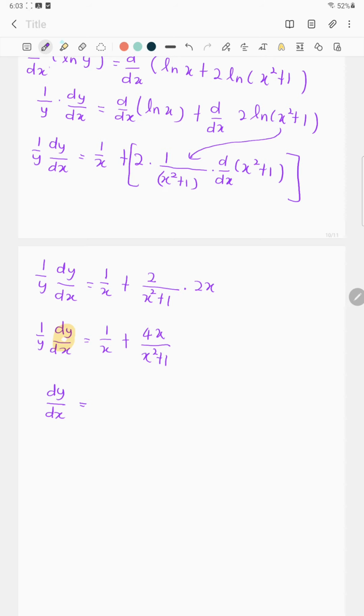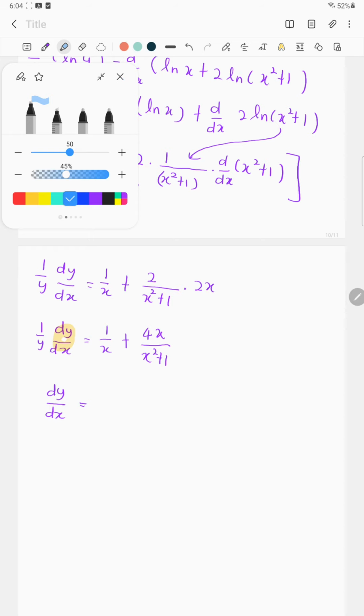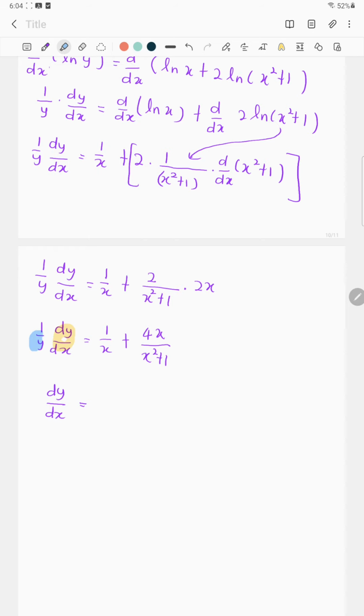So 1 over y, we bring to the right side, and it will become y.